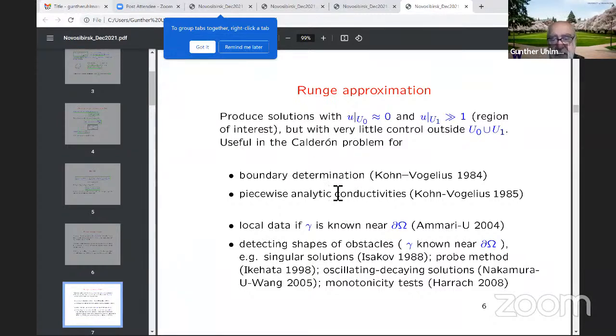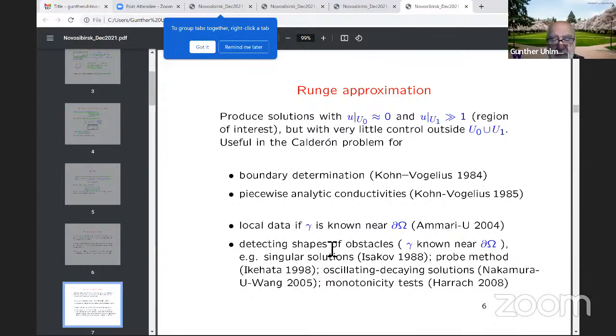You can recover all the derivatives of the conductivity at the boundary by Kohn-Vogelius, using similar ideas for piecewise analytic conductivities in 2 dimensions. Kohn-Vogelius is, again, when you have partial data, if gamma is known near the boundary, which is joint work with Salo.